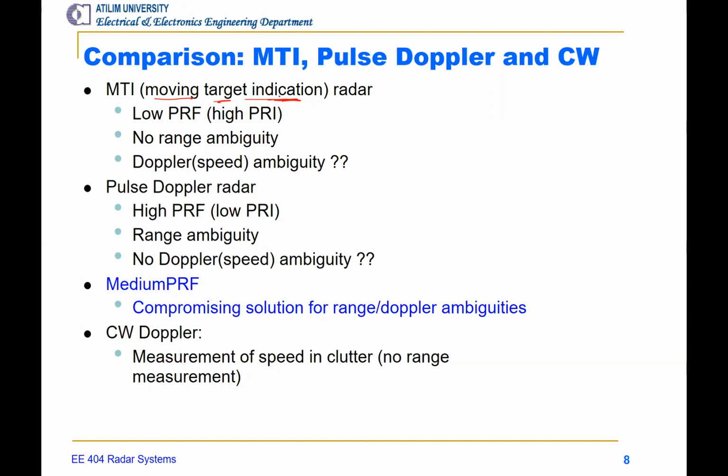We have pulse Doppler radar as another version of moving target detection or estimation. So we simply have MTI and pulse Doppler radar.